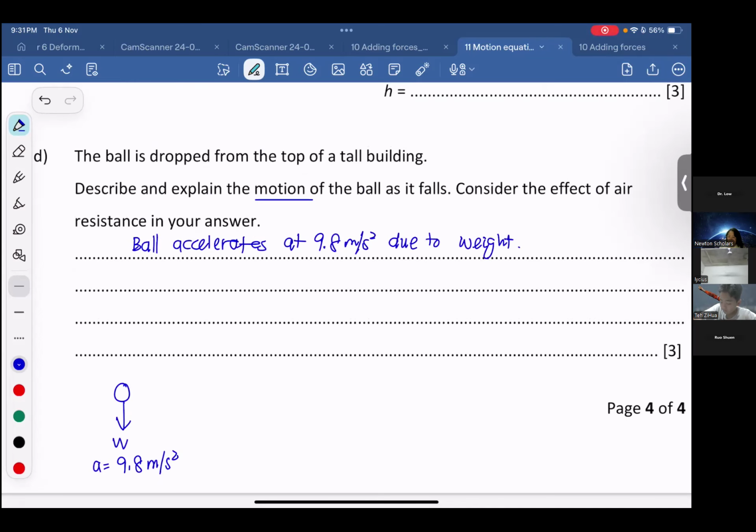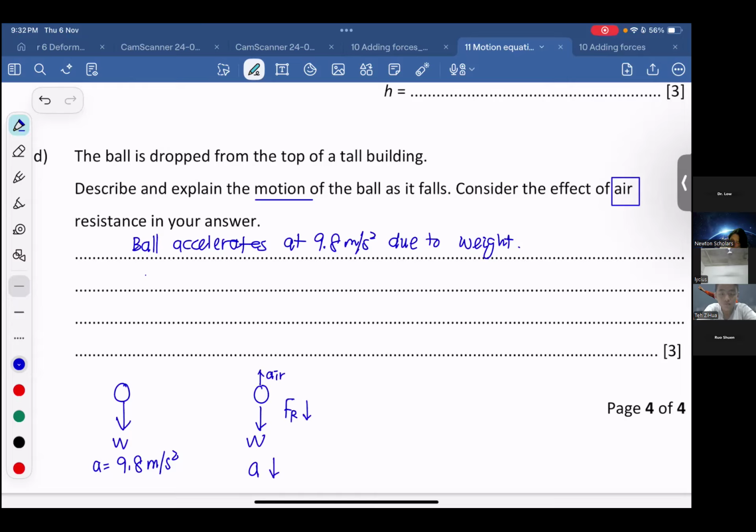After that, when the object drops, we have to consider air resistance. So when it drops, it will start having air resistance, and your resultant force will decrease. Because I have something against my weight, my resultant force decreases, so my acceleration will also decrease.